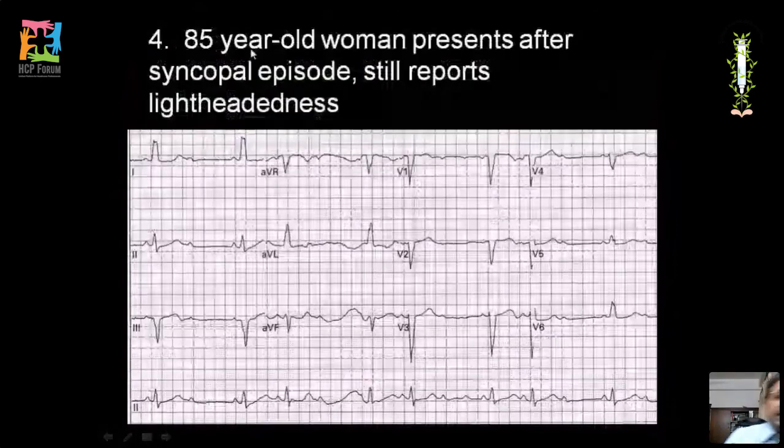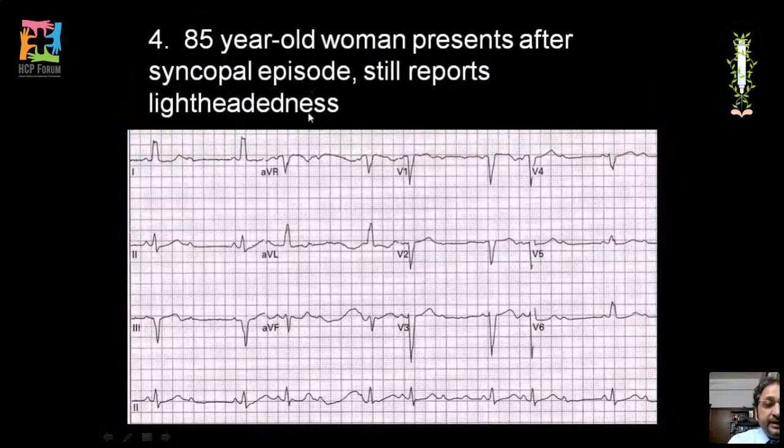Now, the next is an 85-year-old woman presenting after a syncopal episode and still reports lightheadedness. What do we see in this ECG? I can see P, QRS, P, no QRS complex here. Here also P, no QRS complex. Here also P, no QRS complex.